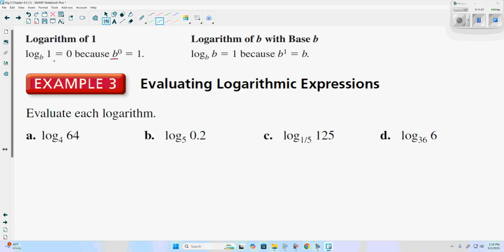Well, as long as b is not equal to 0, we can't take log base 0. This does not work. Also, if the base and the number inside the logarithm are the same, it's going to equal 1. Because if we rewrote log base b of b equals 1 as an exponential, it's just b to the first is equal to b. So these are just some that are good to know.